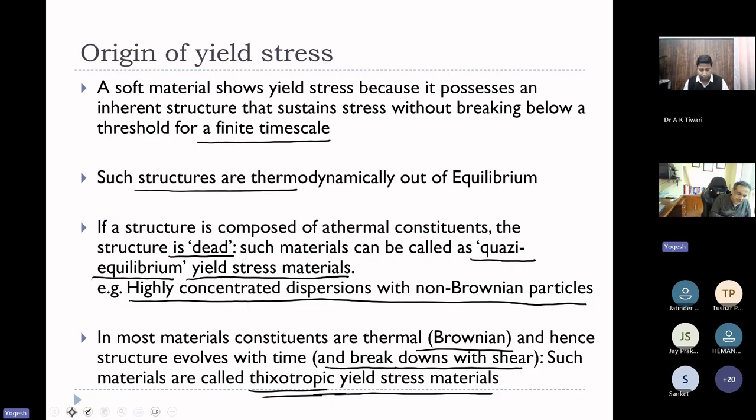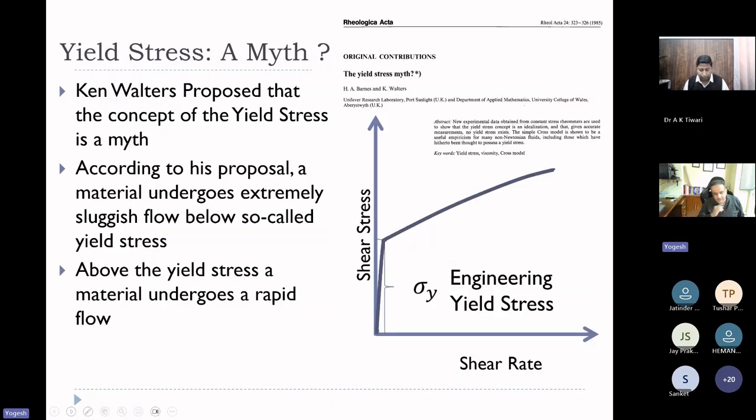However, before going further, there has been a very philosophical debate: is yield stress really a myth, and doesn't it exist at all? In the mid 80s, a very popular paper was written by two giants in rheology, Howard Barnes and Ken Walters, that yield stress is a myth.